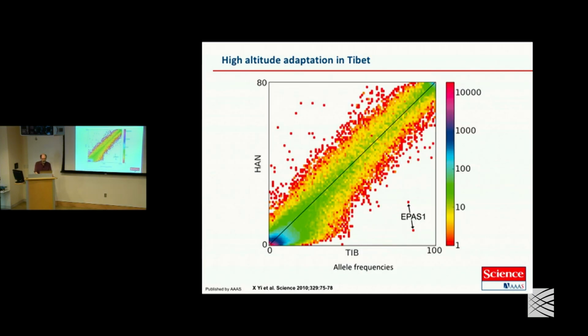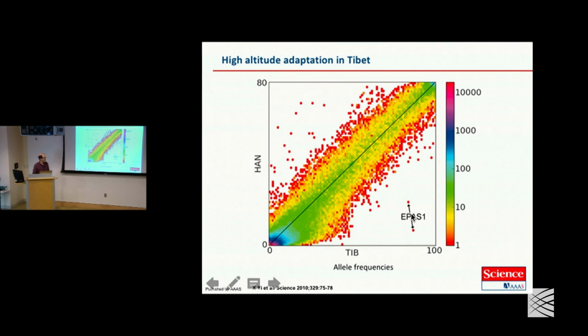And this kind of signal has been used elsewhere. This was a nice study from 2010, looking at allele frequencies in Tibet. In this case, comparing allele frequency in Tibet on the x-axis with the frequency of the same allele in Han Chinese, who are a very closely related population. They were looking for outliers for differences.